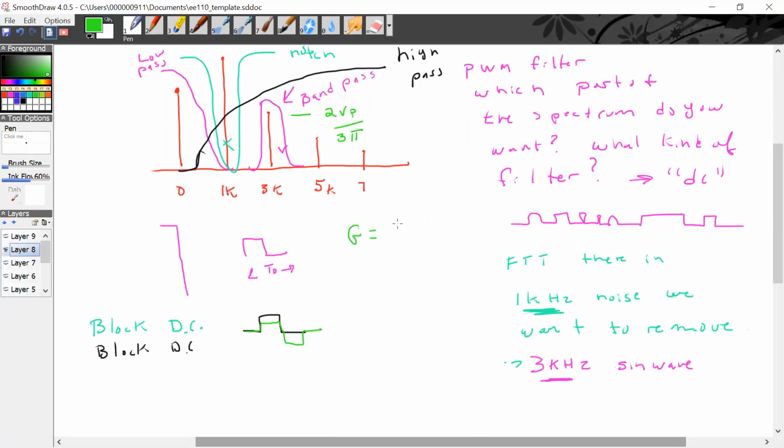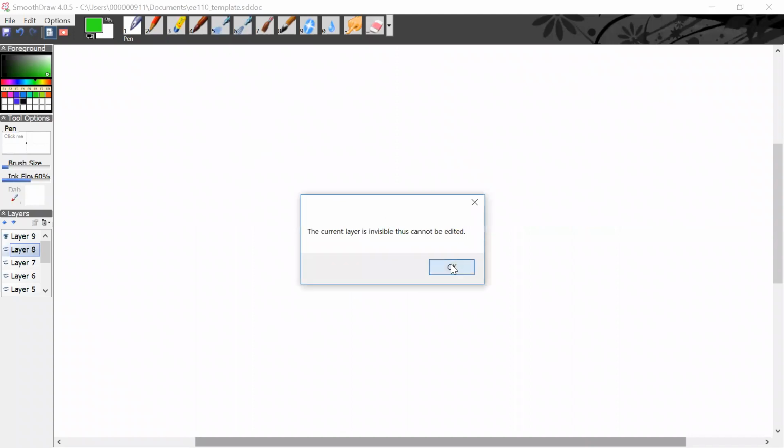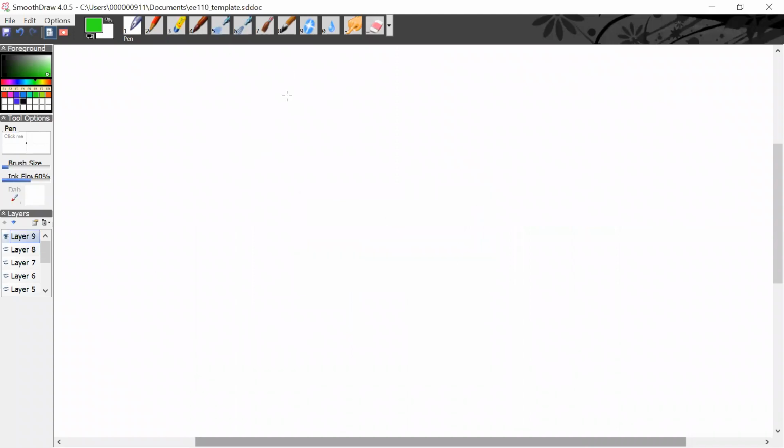I would set my op amp gain to 3 pi, and the VPs would cancel out. That would give me my bandpass.